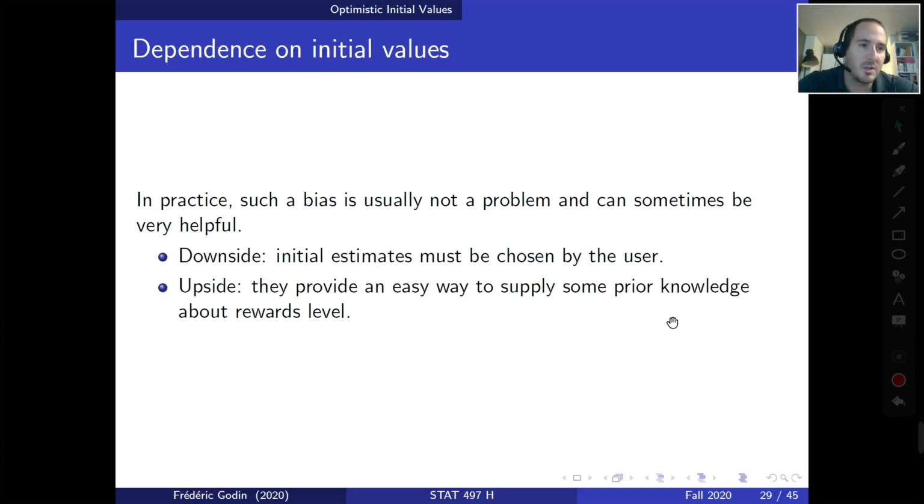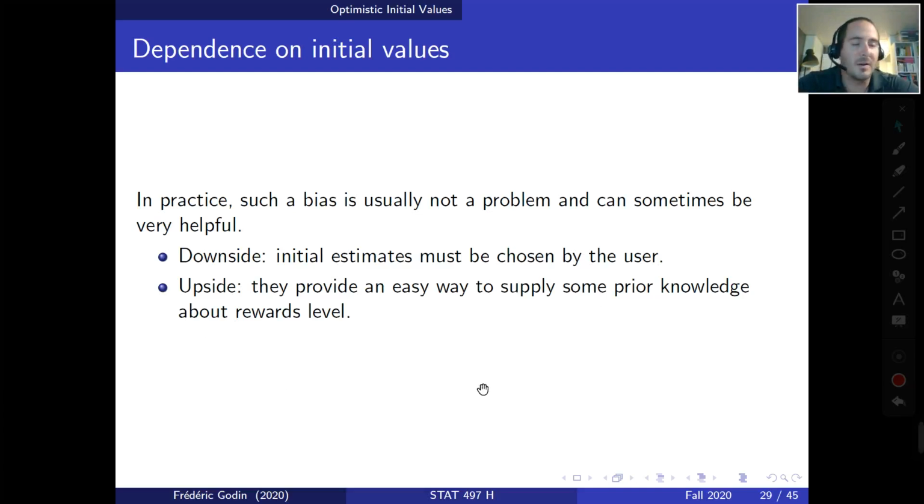So they're somewhat subjective, and if you want to implement that, you could put them equal to 0, but it's still a subjective choice, so you need to come up with initial estimates of action values.